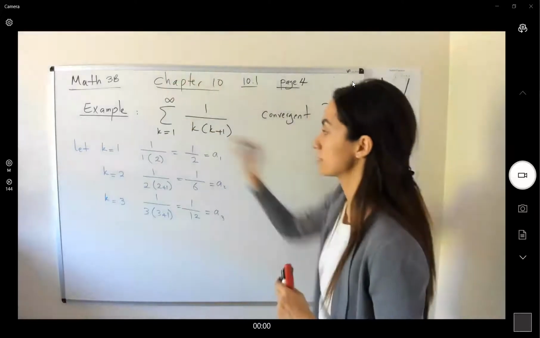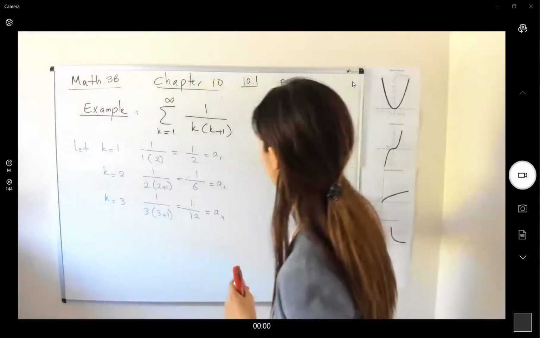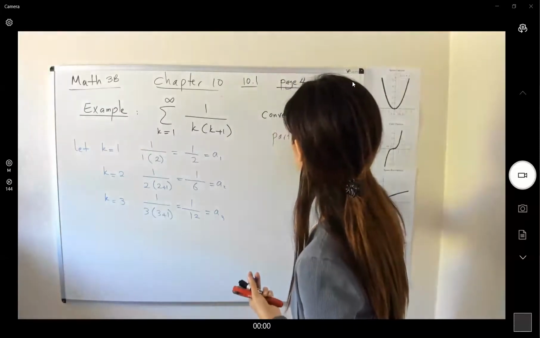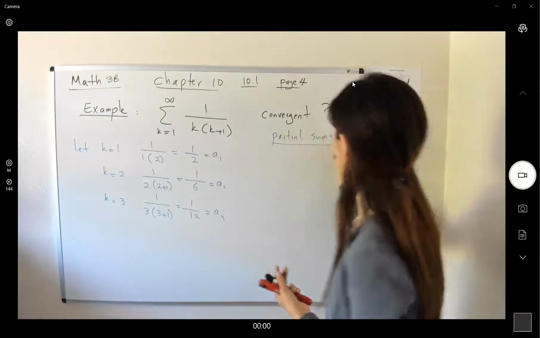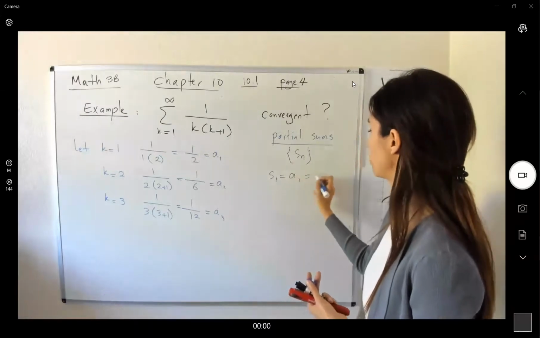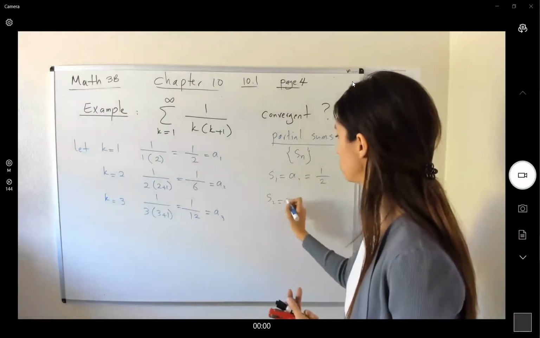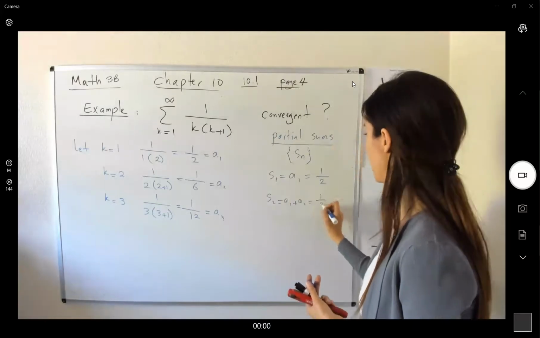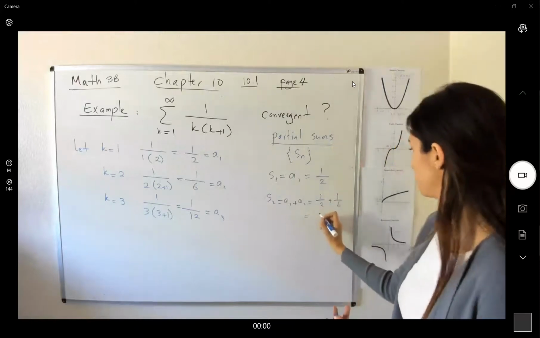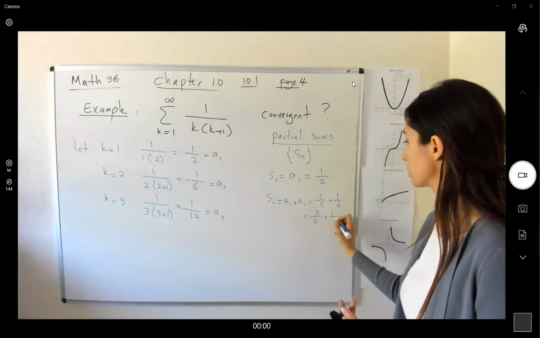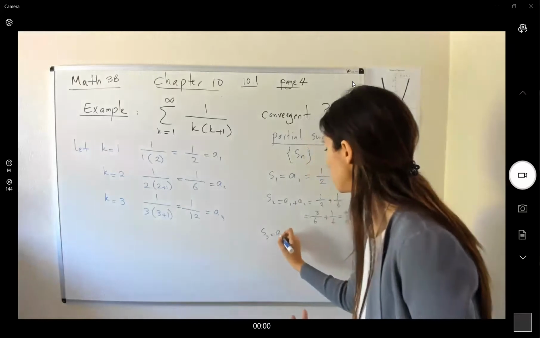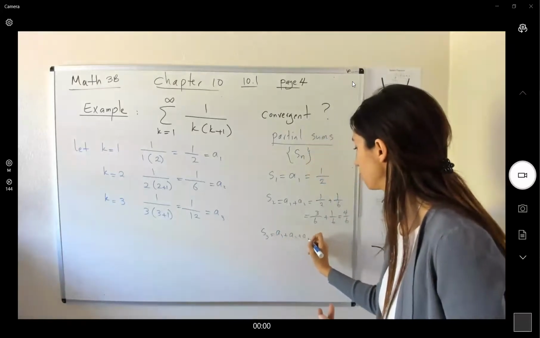To form this series, we need to add these terms together and form the partial sums S sub n. We need to form S1, which is a sub 1, a half. S2, which is a sub 1 plus a sub 2, a half plus 1 over 6. This is equal to 3 over 6 plus 1 over 6, 4 over 6. S sub 3 is a sub 1 plus a sub 2 plus a sub 3.